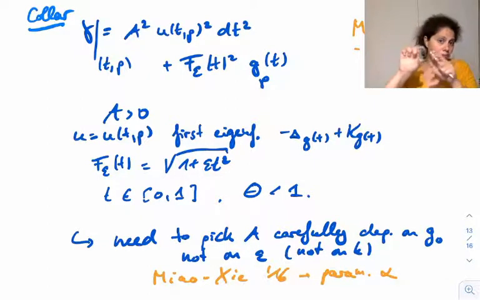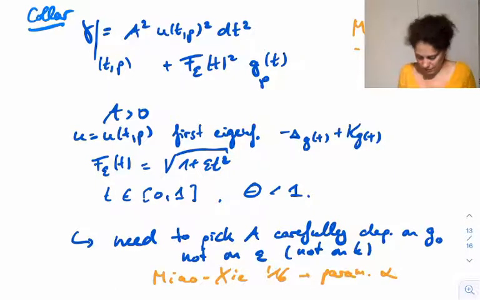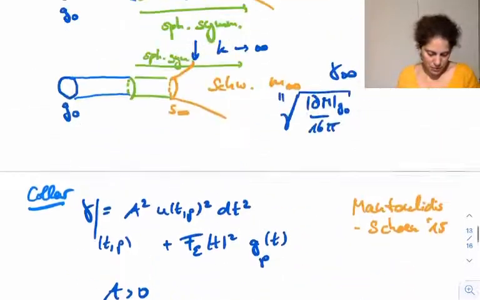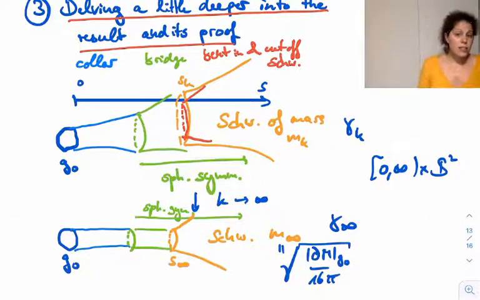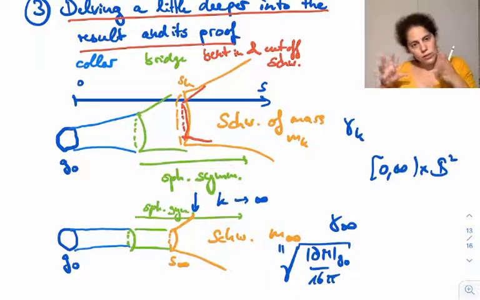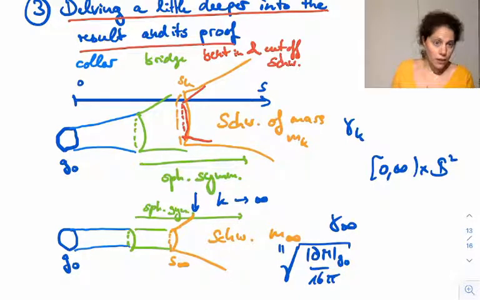Recall that this family g(t) had constant area independent of t. So then, the next region, let me go back to the picture. We've dealt with this blue collar region on the left now, and we've chosen this one parameter A there to get more quantitative control, which is enough to get all the estimates we need in the collar region, and some of the estimates going into the bridge region, as a matter of fact.